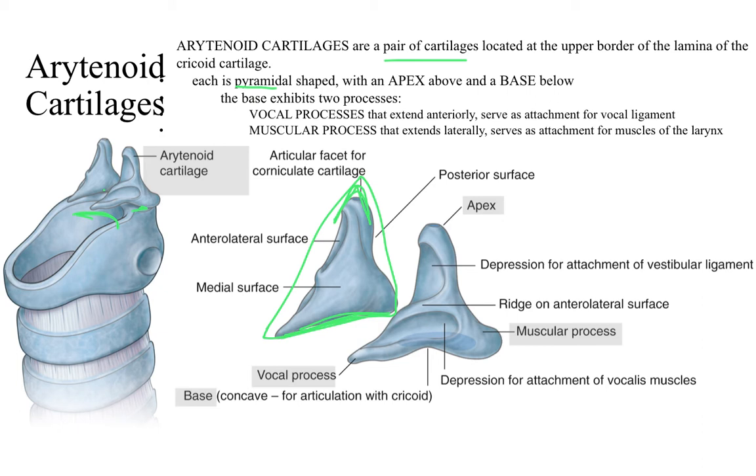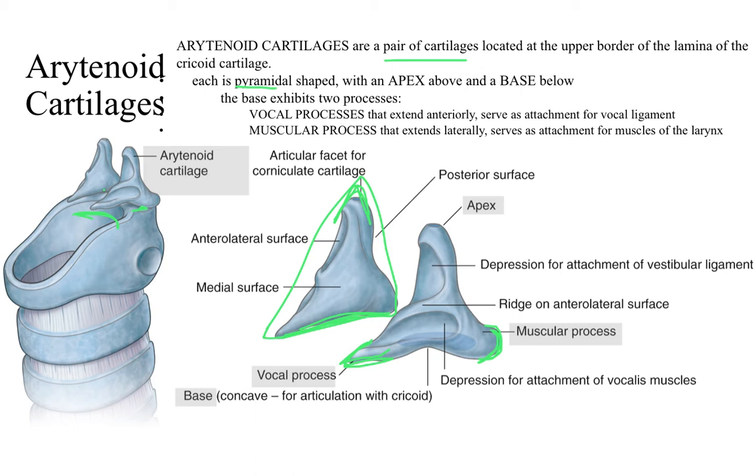And they have two important processes to them. Notice, like when we did with the bones, we pointed out how certain bones were oriented, and with this cartilage it's no different. If you see the rounded edge, that's going to be more oriented posteriorly, and the pointed end is going to be oriented more anteriorly.